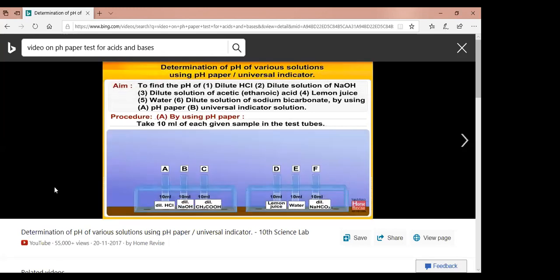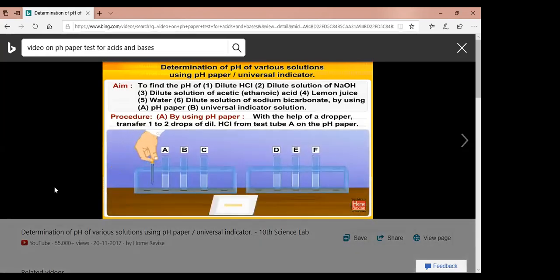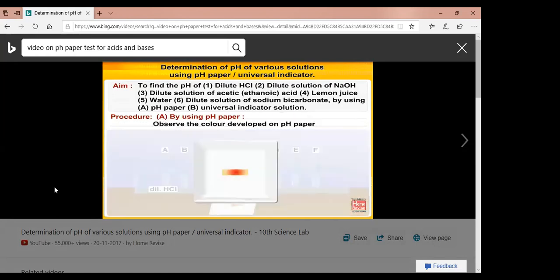After that, 10 ml of each solution is taken. The pH paper is placed on the white tile so that the change of color can be seen. With the dropper, the sample is taken and 1 or 2 drops are poured on the pH paper.